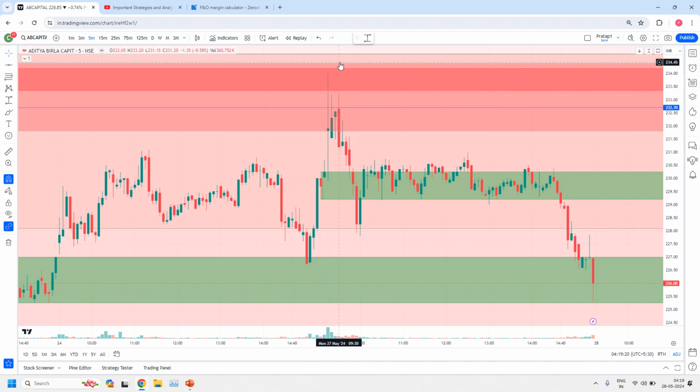Stop loss should be the 75 minute distal line because your entry zone is 75 minutes. But if you are taking an intraday trade, from your intraday point of view, you are not taking the trade at 75 minutes. You are taking the trade at 5 minutes. For that, the 5 minute distal line is your stop loss, not the 75 minutes. And also the 5 minute opposing zone is your target.